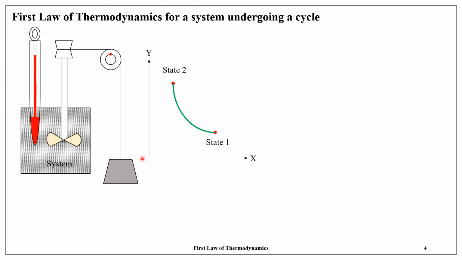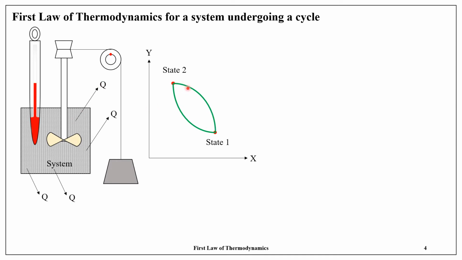Heat always flows from a body at higher temperature to a body at lower temperature. Therefore, the system at higher temperature will reject the heat to the surroundings, and because of that, it returns to its original state after some time. So the state is returning and it is rejecting heat.